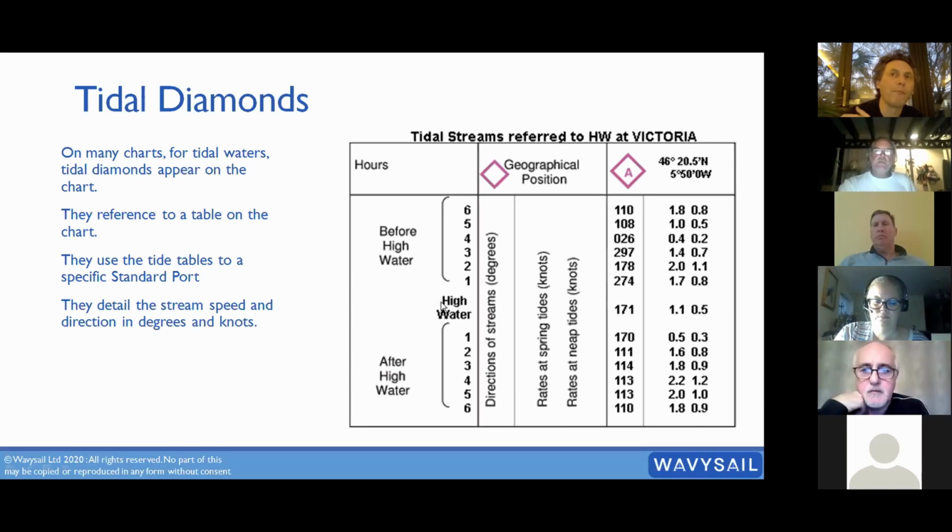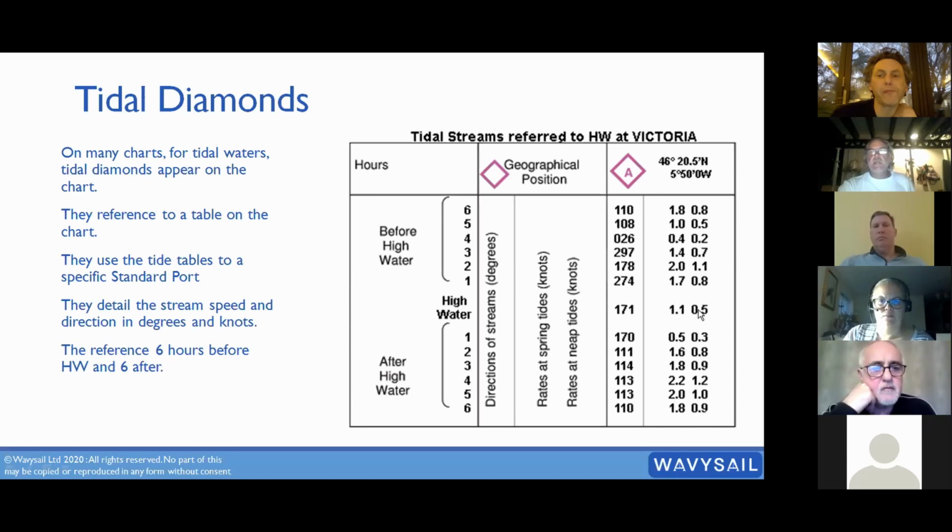So it's saying at high water, at this tidal diamond, the tidal stream will be 171 degrees, so almost south, at 1.1 knots at spring tide, or 0.5 knots at neap tides. So that's the angle of flow, and that's the speed of flow at spring and neaps, at that geographical position. So therefore, the tide comes and goes every 6 hours. That will be the speeds it does and the directions it does for the next 6 hours.